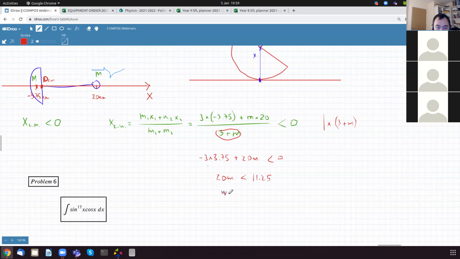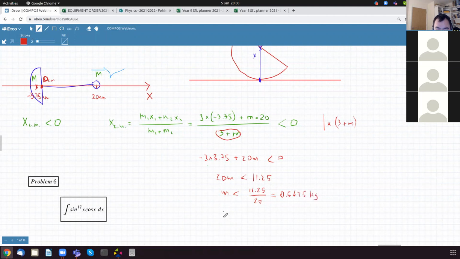So m must be less than 11.25 over 20, which is 0.5625 kilograms.